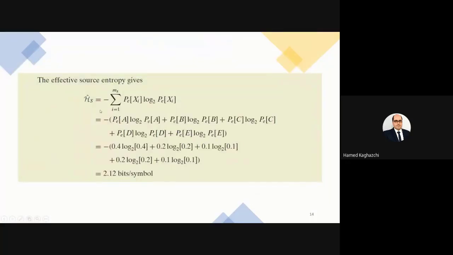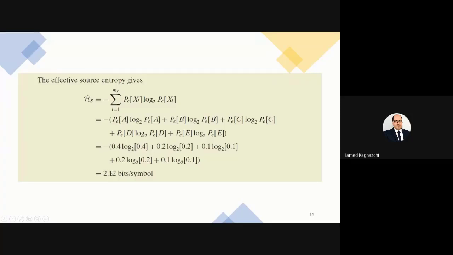H hat of S is equal to minus the sum of PE xi log 2 PE xi. mx is 5. It means that PEA, PEB, PEC, PED, PEE. I calculated all of the probabilities, and by substituting these values instead of the PEs, I can find that the effective source entropy is 2.12.